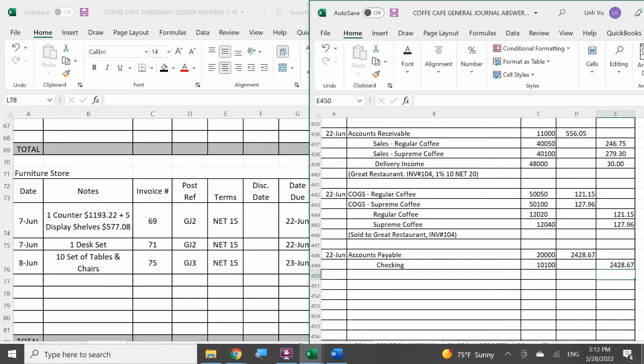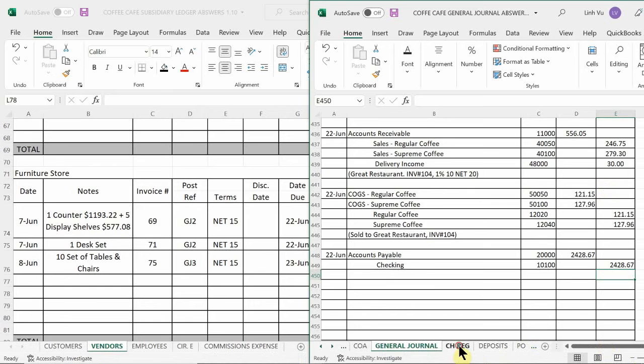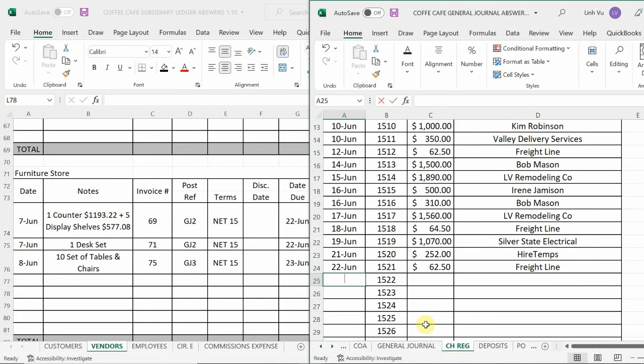you can go to the check register. For 2,428.67, furniture store.